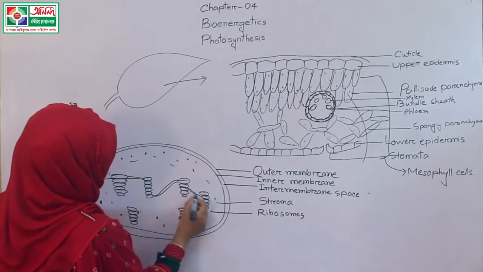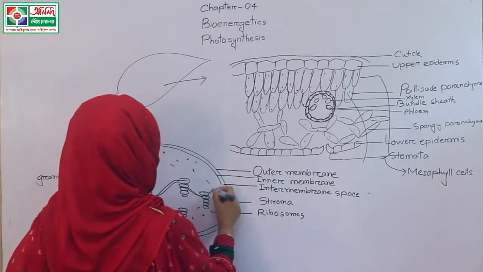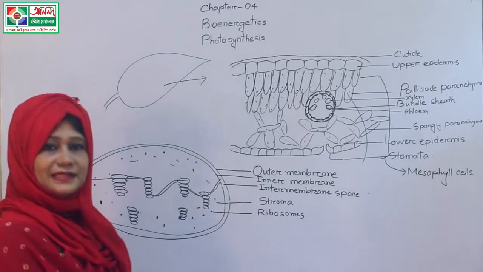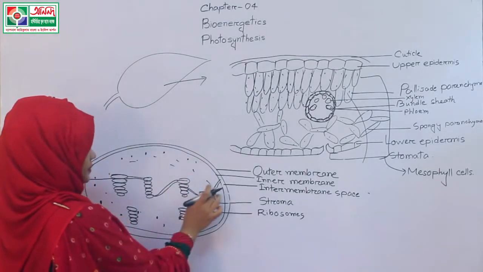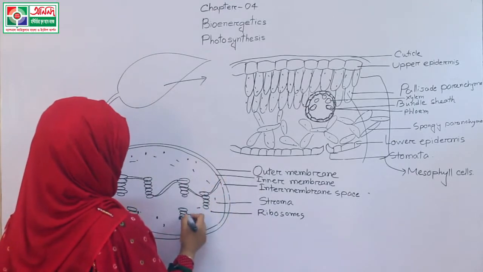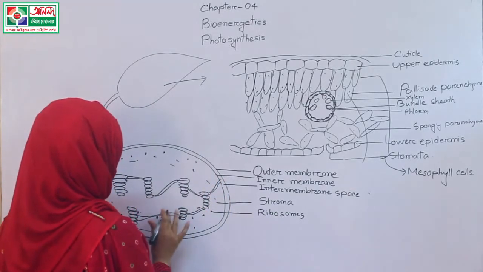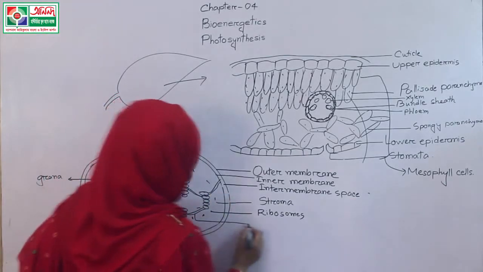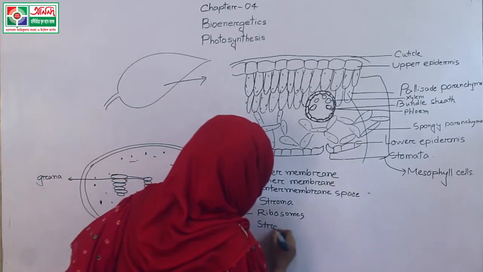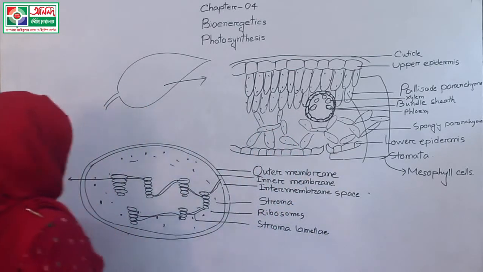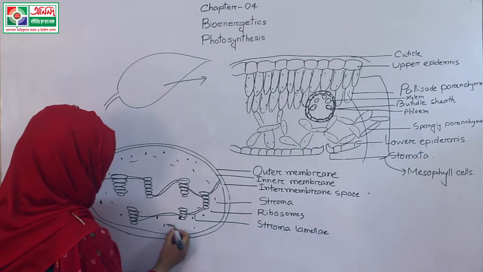This connecting membrane is known as the stroma lamellae. This connecting membrane is also attached with the inner membrane. It is known as the stroma lamellae. So this is stroma lamellae. Okay, students, circular DNA.